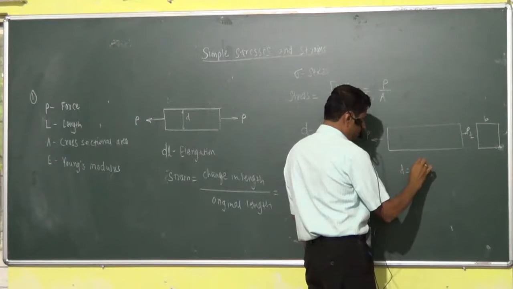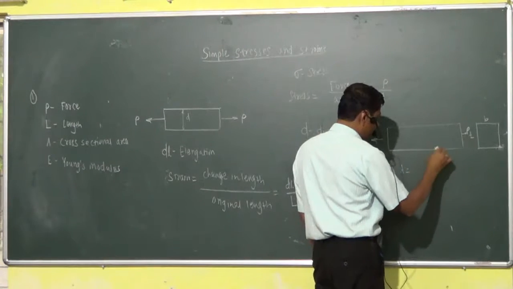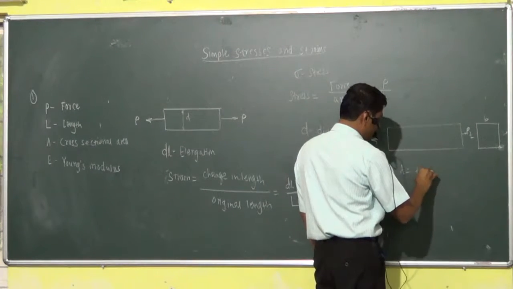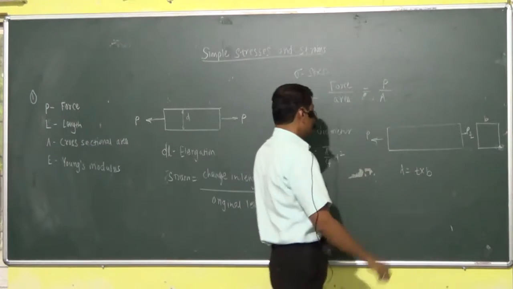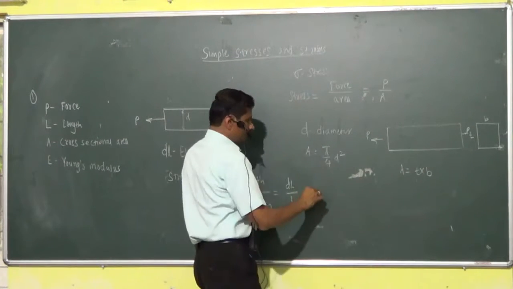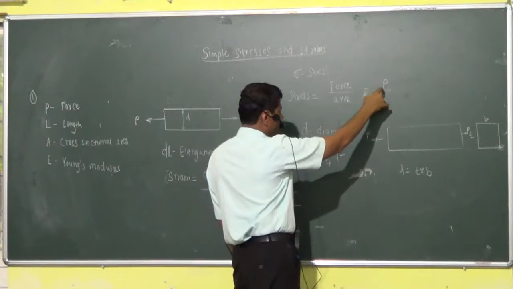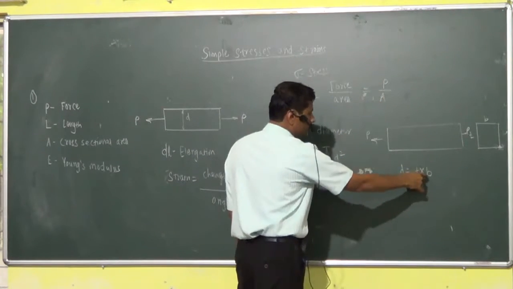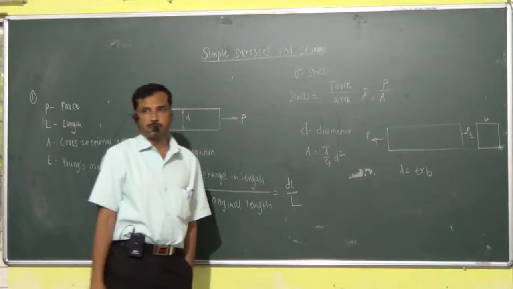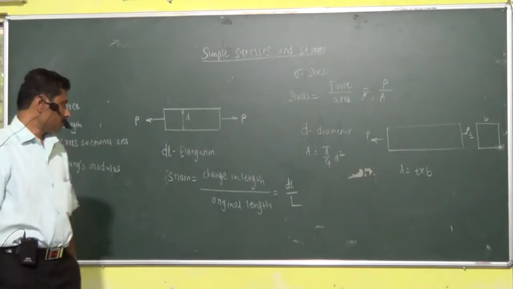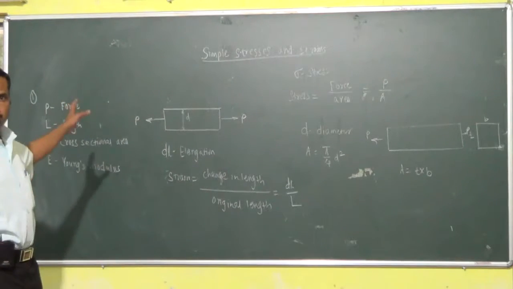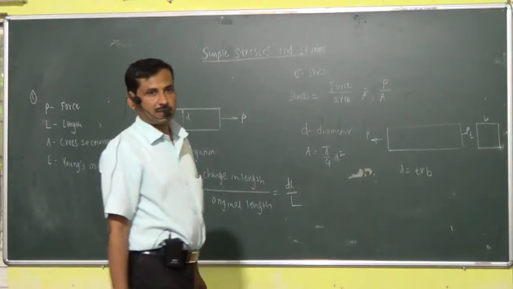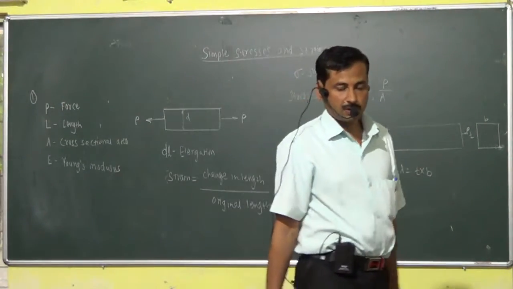Here area is thickness into width, and then the stress value sigma will be force upon area, where area is equal to thickness into width. So this is about the simple formulas of stress as well as strain.